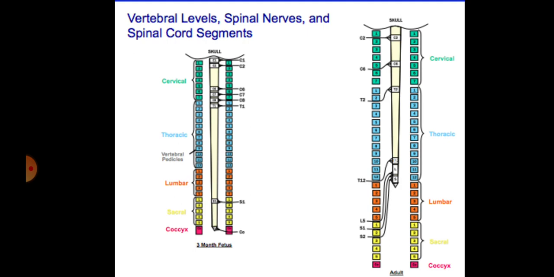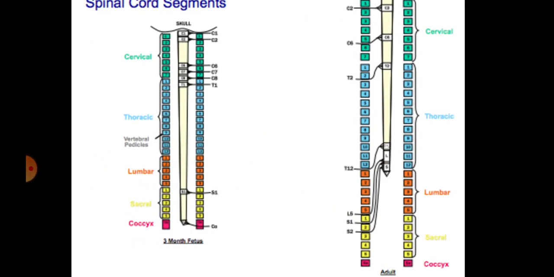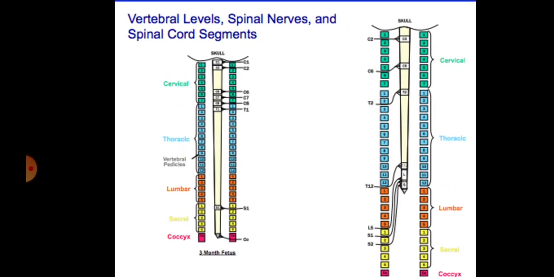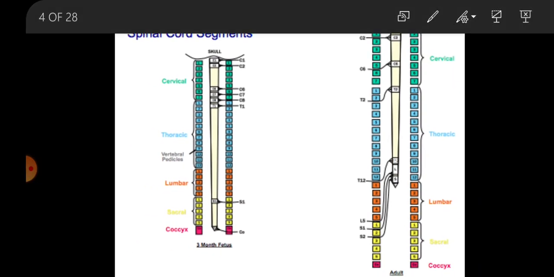One more important concept before going to the external features, we should understand. At the third month of the fetus, the length of the spinal cord is equal to the length of the vertebral column.